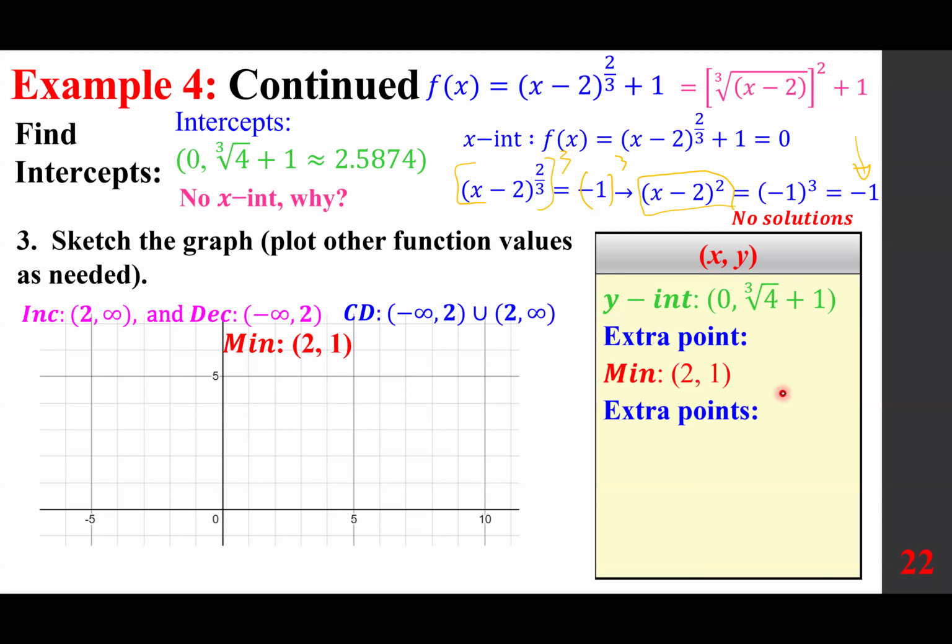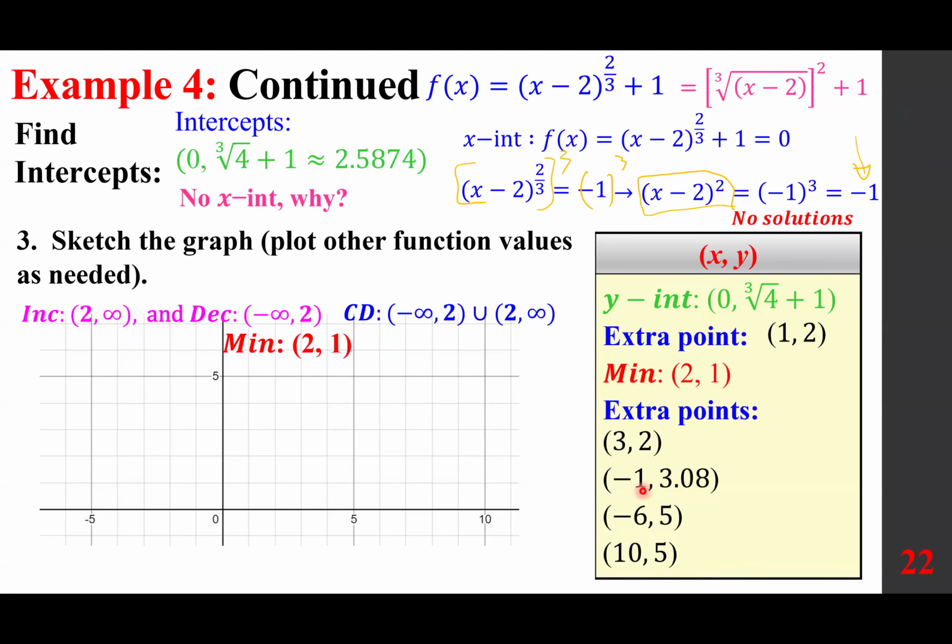For example, if I plug in 1, and you can take it to this one or this one, either way, 1 minus 2 makes it -1. Cube root is -1. Squared is +1, plus 1. This gives you (1, 2). If I put 3, I get the same thing because 3 minus 2 is 1, cube root is 1, squared is 1, so (3, 2).